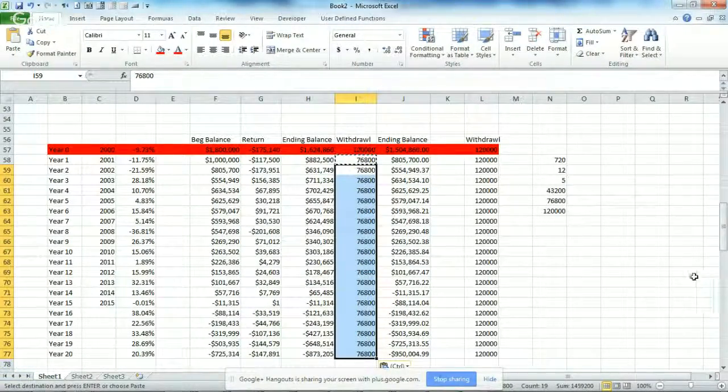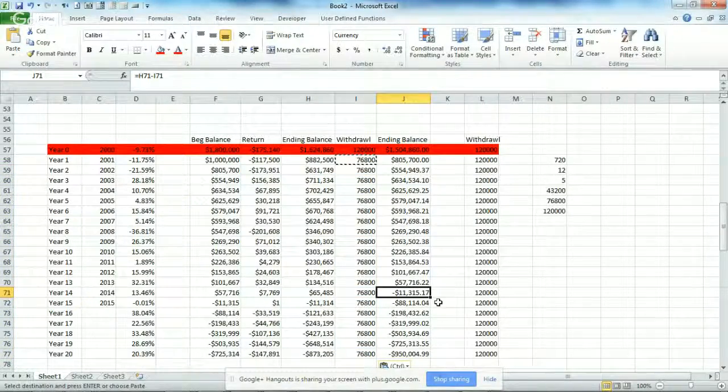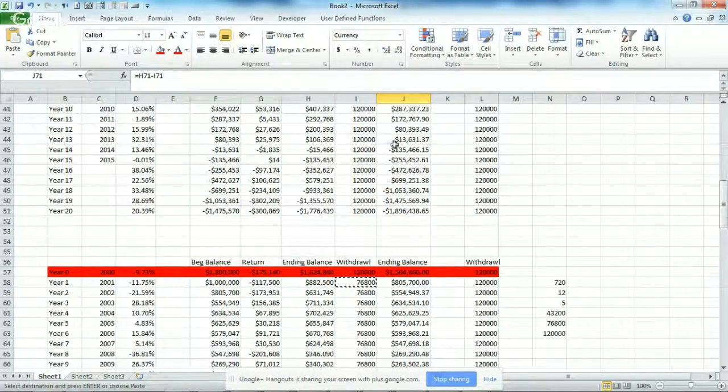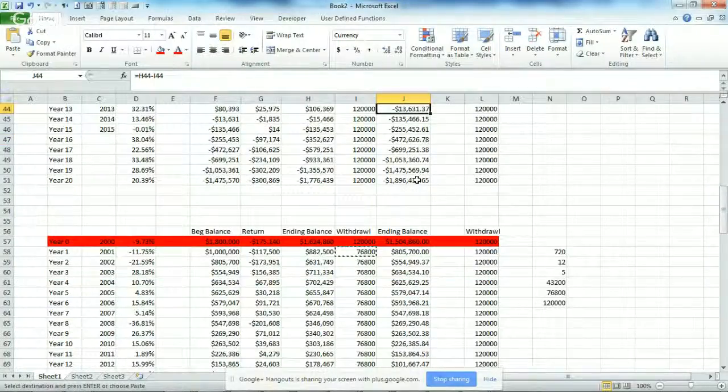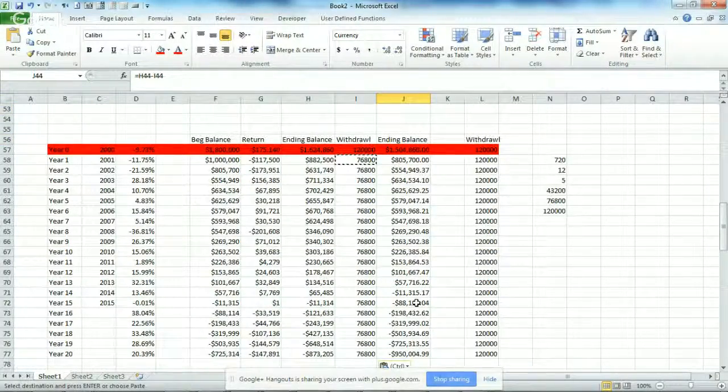And even after doing that, you will still run out of money after year 2014. So here you would have run out of money in year 2013, but over here you run out of money in year 2014.